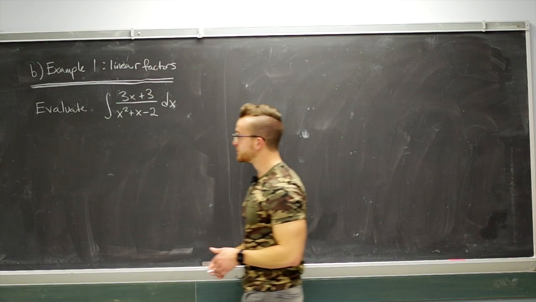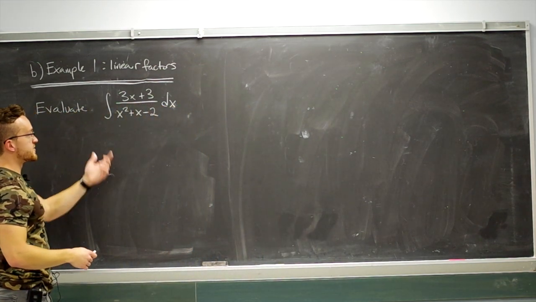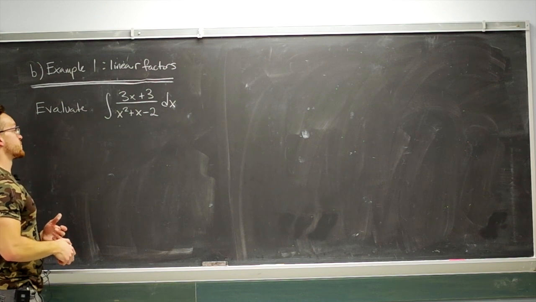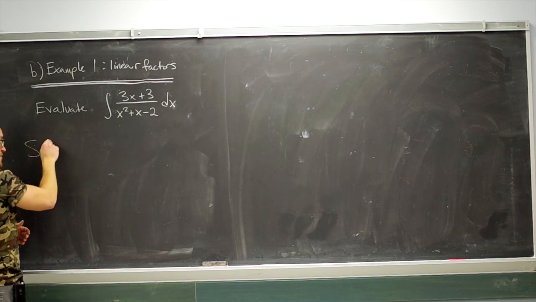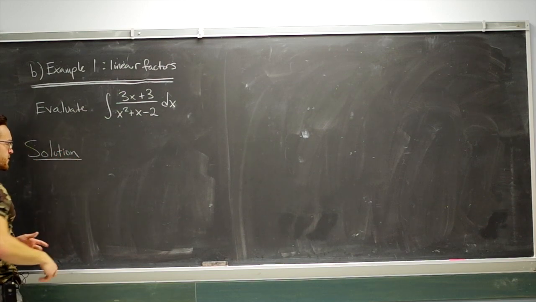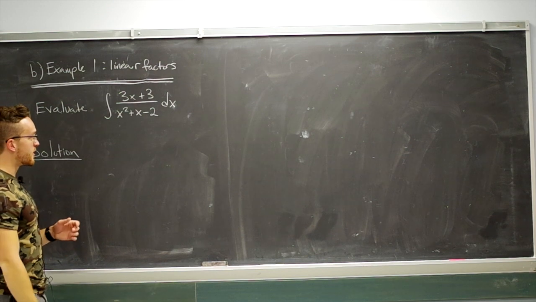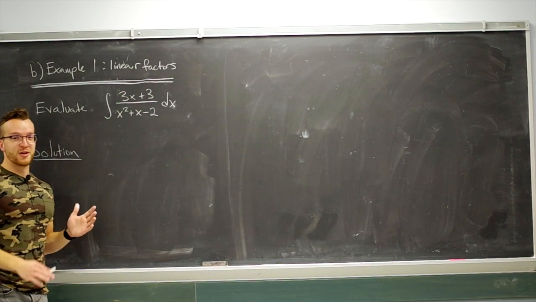Now, given an integral, in our case, (3x + 3) over (x squared + x - 2). Before I start thinking about any other kind of technique like partial fractions or integration by parts or anything fancy like that, the first question I'm asking myself is maybe we don't need to do that.